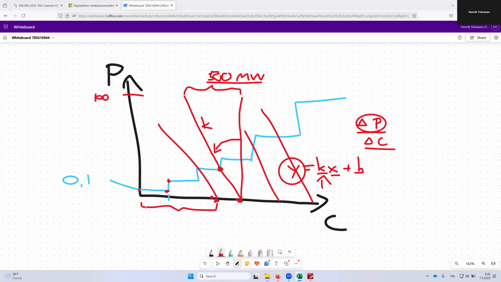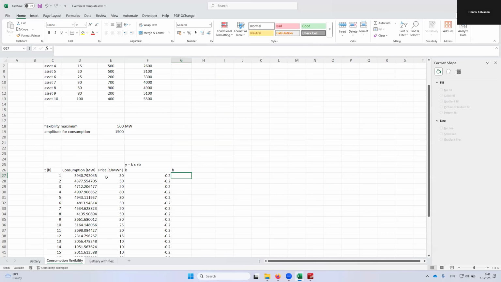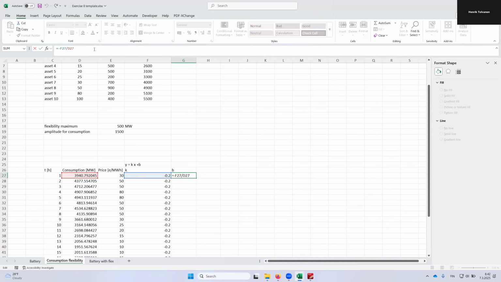Then based on the consumption amount in here, we can calculate from this equation. So Y is 0, we're going to move B to the other side and divide with X. So this is going to be minus B divided with X, which is the consumption. And that doesn't seem right. Did I do it the wrong way around?